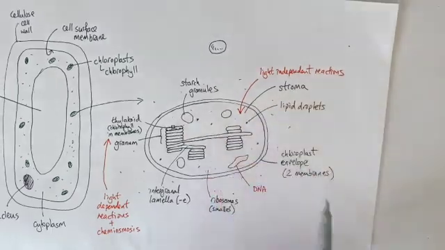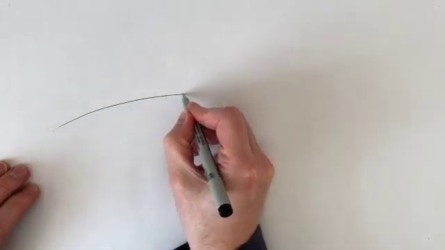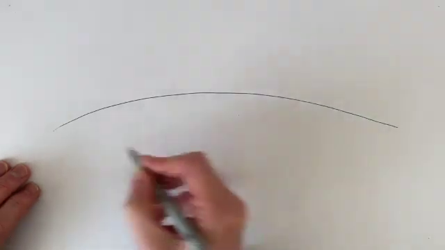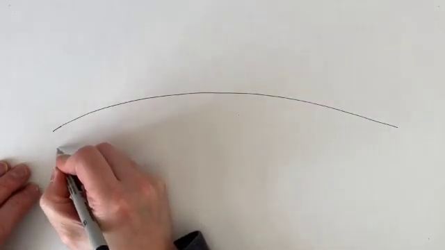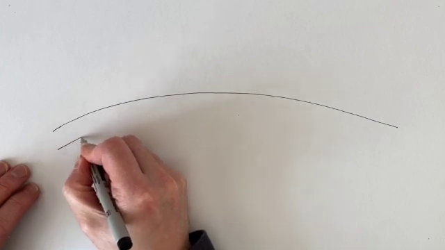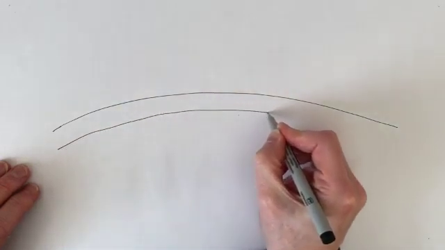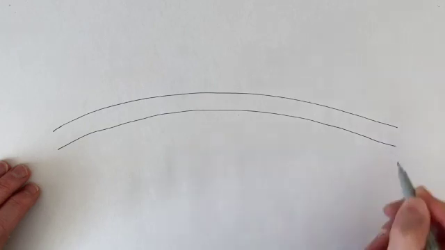Okay, so remember the thylakoid is a large flattened sac. So let's first of all draw our thylakoid membrane. And the thylakoid membrane, if we do about here, could be like this. And I'm going to give it some thickness so that we can put some substances in there.